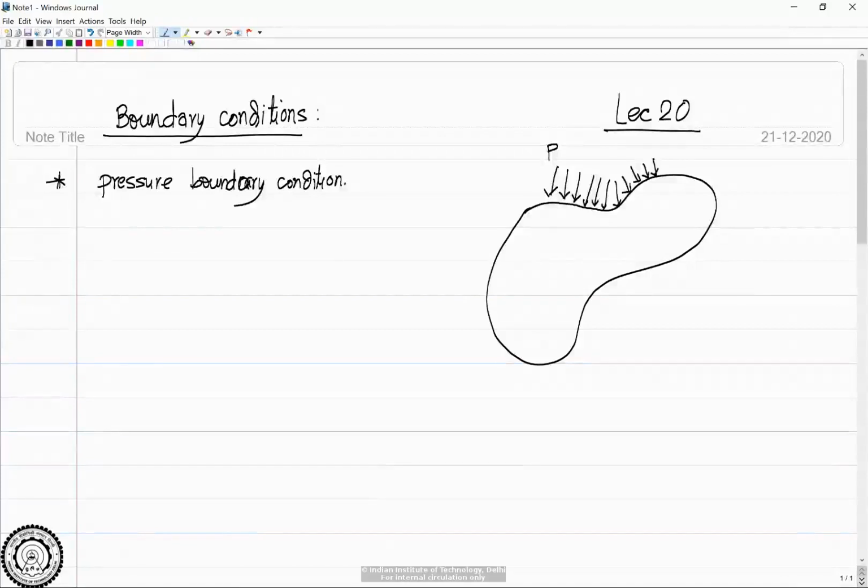That's true. So as the body deforms, the pressure also changes its direction, and it always remains along the deformed normal, isn't it? So pressure always remains opposite to the outward deformed normal.